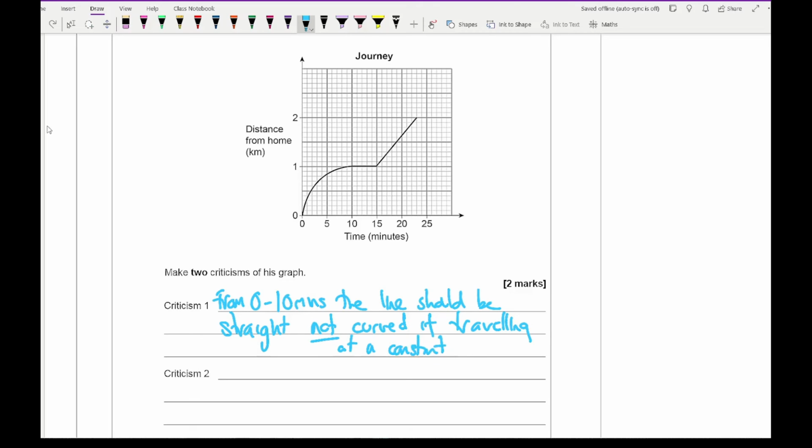So constant speed is usually represented by a straight line. And criticism 2 is that from 15 to 25, in other words, his journey home, the line should be going down. So in other words, it should be here, not there. So the line should actually be there.